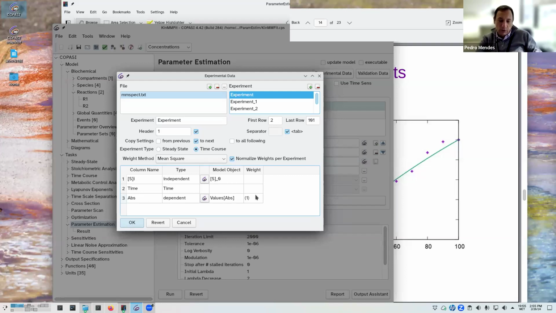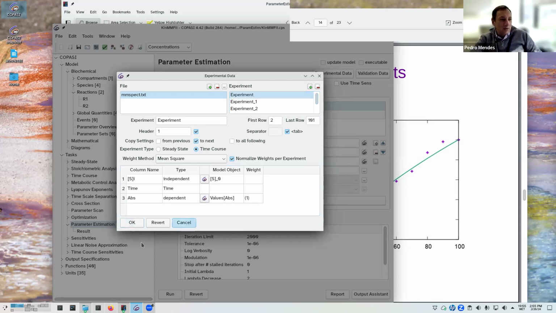Now, for those of you who are not biologists or biochemists, absorbance is one way of measuring concentrations. You have a molecule that absorbs light in a certain wavelength, and with a specific device, you can measure how much light was absorbed in that frequency, and that gives you a number that's proportional to the concentration.